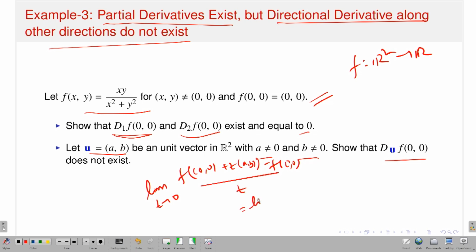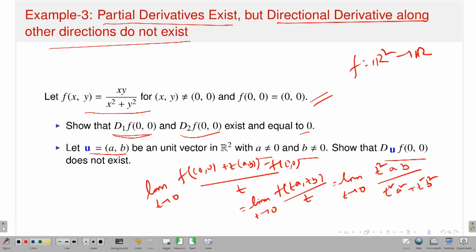This should be f of (t a, t b), and f of (0, 0) is 0, so this is divided by t. So this is the limit as t approaches 0 of f of (t a, t b), where t square a b comes out, divided by t square a square plus t square b square.